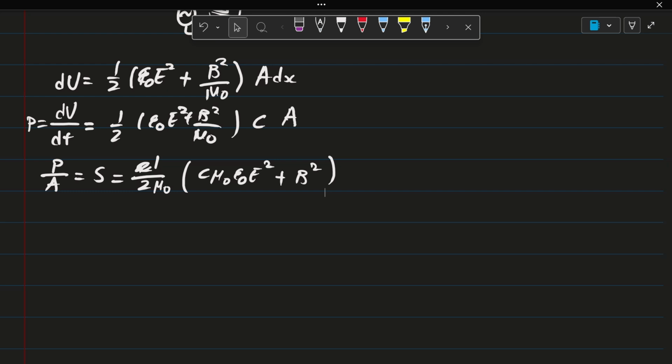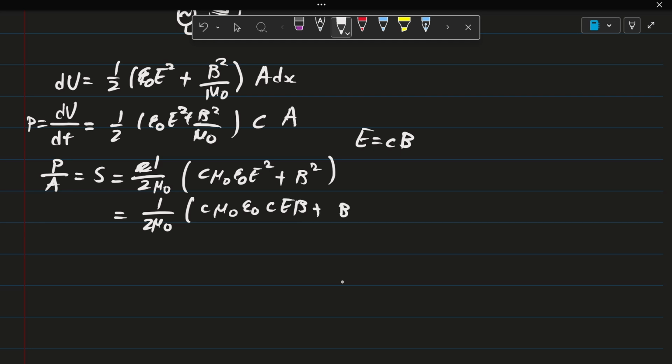We could now try to substitute something. What we know is that E equals cB. So we could substitute one of the E into a B and one of the B into an E, so they would both have the same variable at least. If we combine it, it becomes 1 over 2 mu 0 times c mu 0 epsilon 0 cEB plus B times E over c.